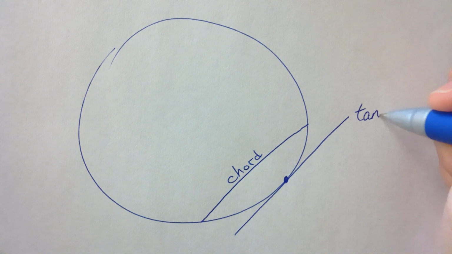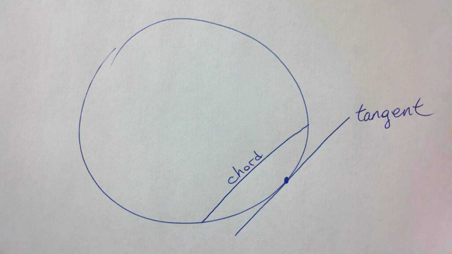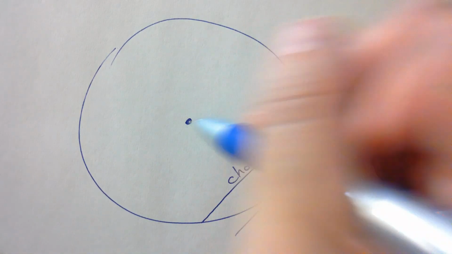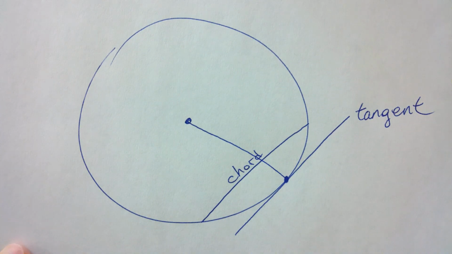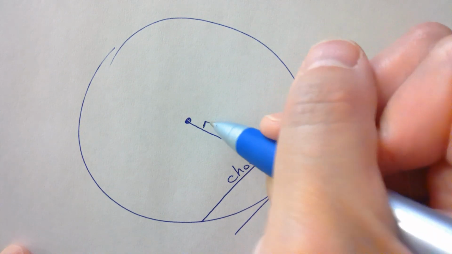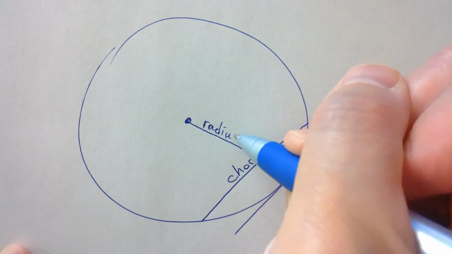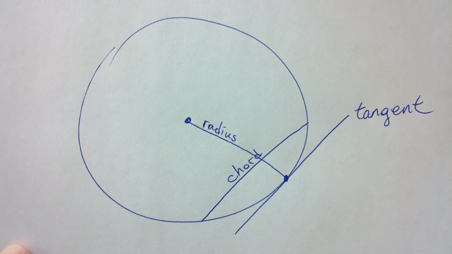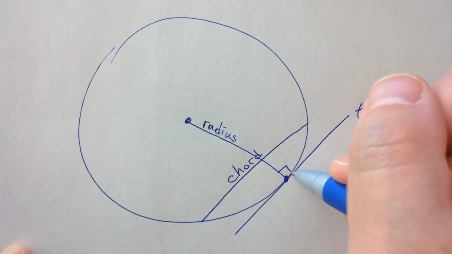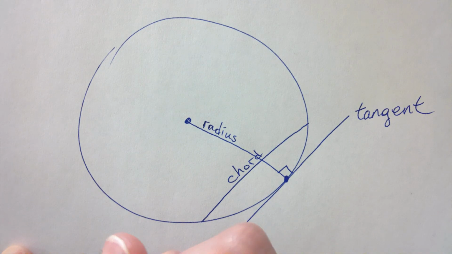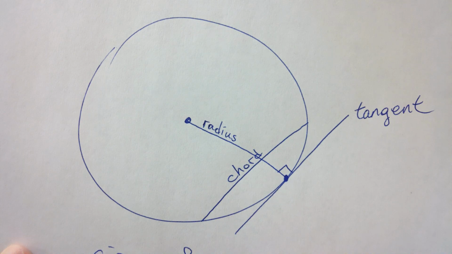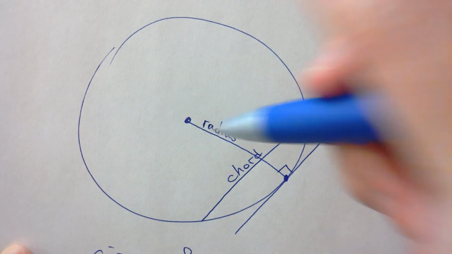Yes. Okay. Let's say this is the center of the circle. What is this? Radius. What property is there between the radius and the tangent? 90 degrees. Good. All right. What is the whole circle called? Circumference. Good.